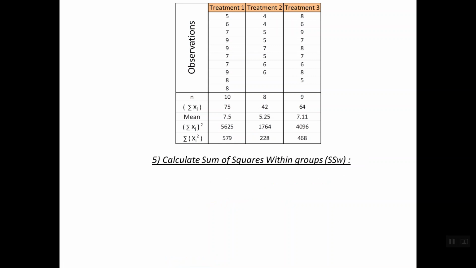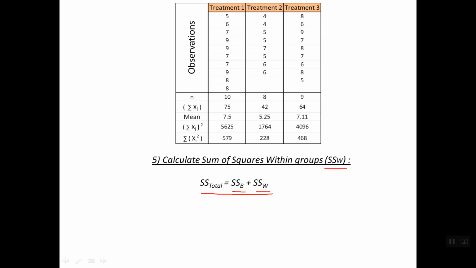So simply, we can calculate the sum of squares within groups. We know that the sum of squares total is equal to the sum of squares between groups plus the sum of squares within groups.